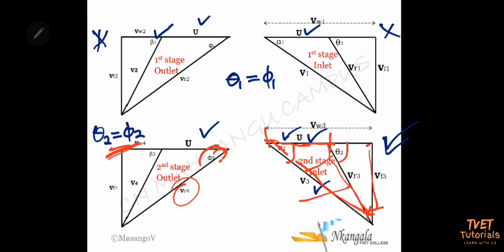We will then complete that diagram, and then we move to the first stage. In the first stage, we start at the outlet. When we check at the outlet, we have U, and then we have beta 1. It's not sufficient. Where do we get the third data point? We are going to use V3 to calculate V2. We know that V2 is equal to V3 over K. We are going backwards, so we are reversing.